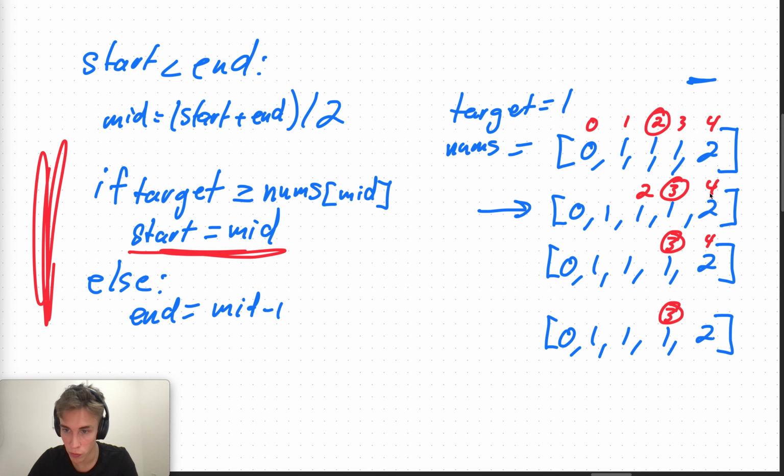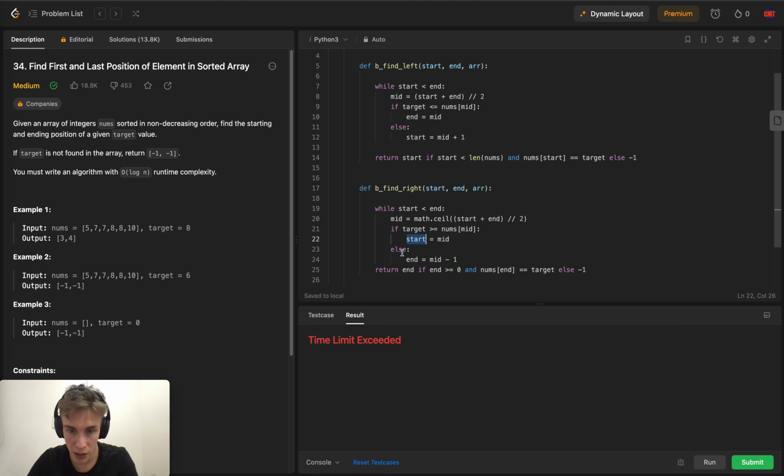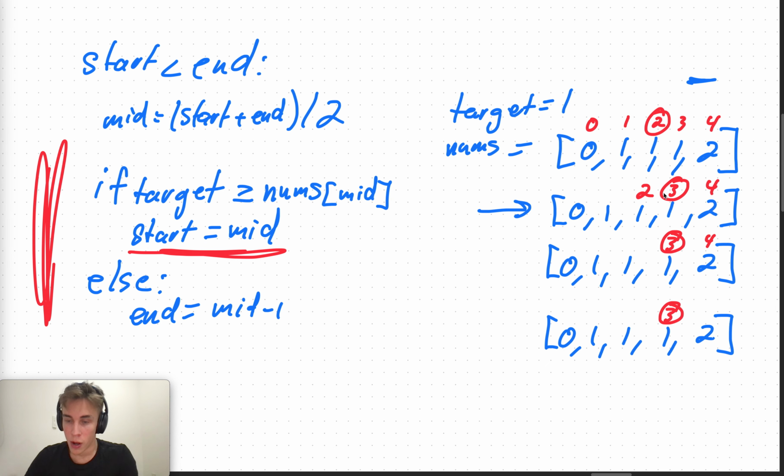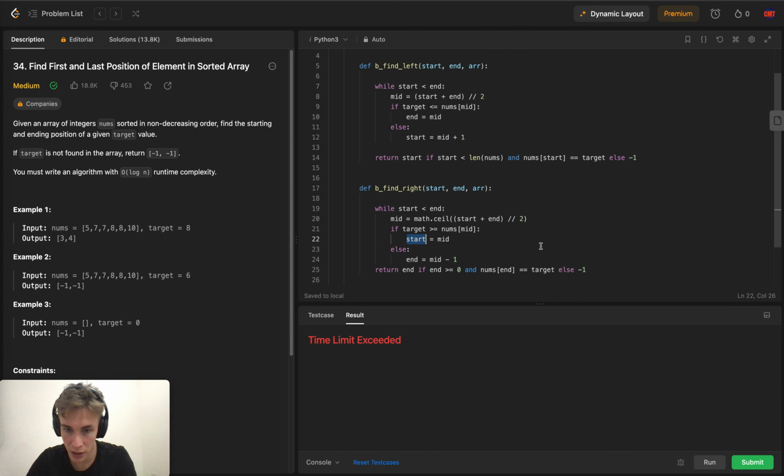Great, I'm pointing at 2 and 4. Next iteration, 2 plus 4 divided by 2 is 3, and 3 is an odd number, so I say 3 is start and 4 is end.